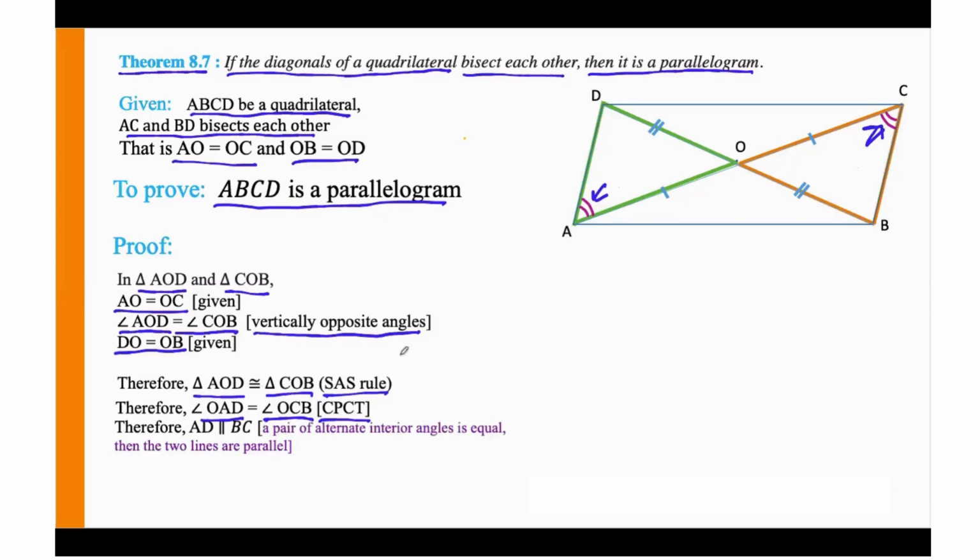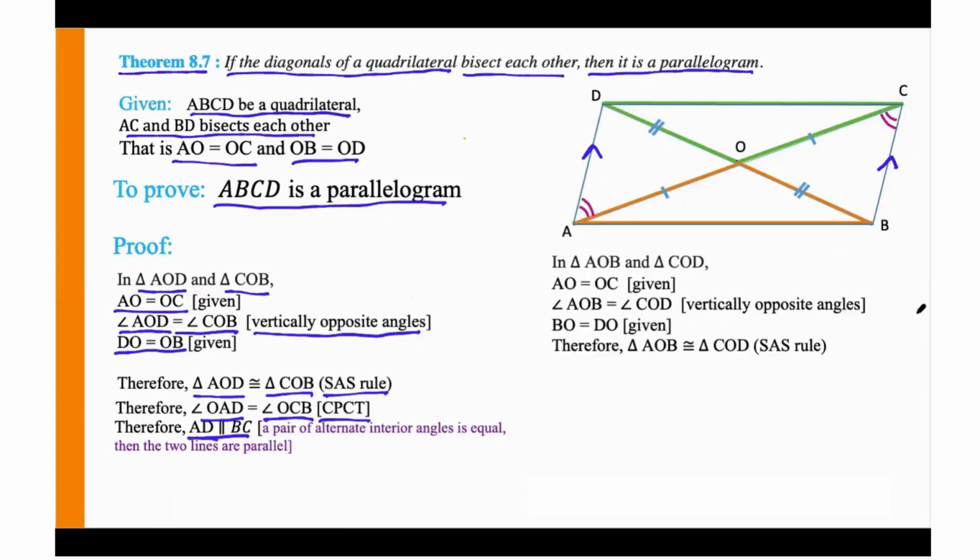But you can see they are alternate interior angles if you take AC as the transversal. So we will say that therefore AD is parallel to BC, because these angles are formed by AD and BC taking AC as the transversal.